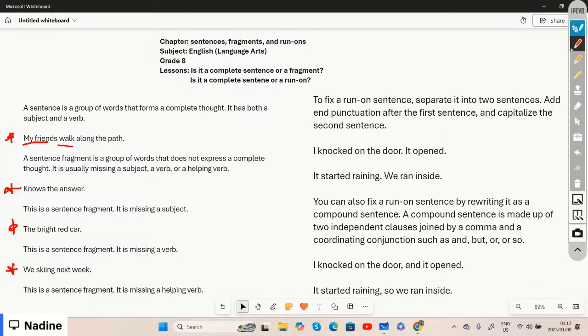And when it comes to sentences, fragments, and run-ons, we said that a sentence expresses a complete thought. It has both a subject and a verb, which is your predicate.